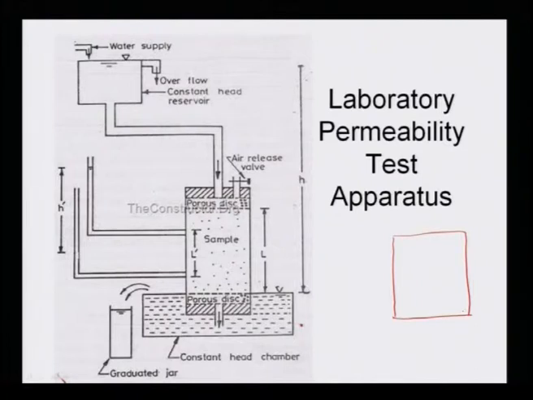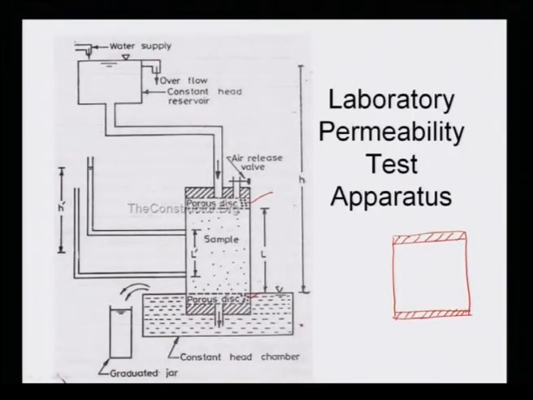With this mold, if you look at this, the top part and the bottom part are both connected with a porous stone, or porous disc. Why a porous disc? The moment you allow water, only the porous stones allow water to pass.